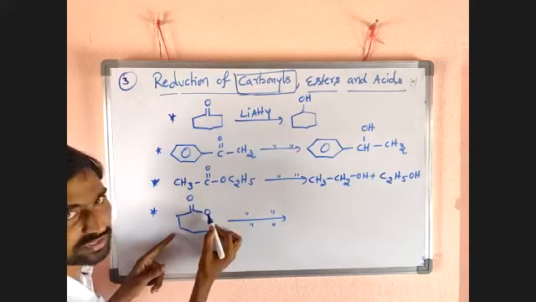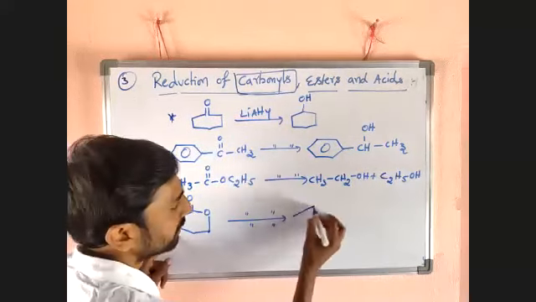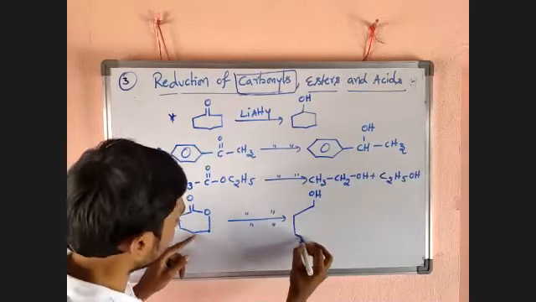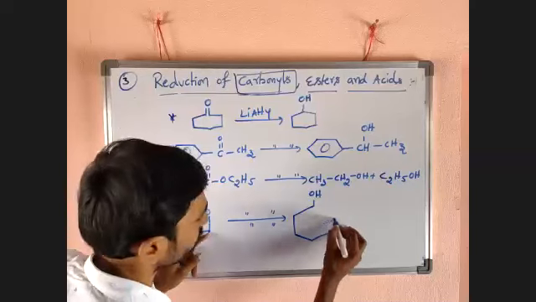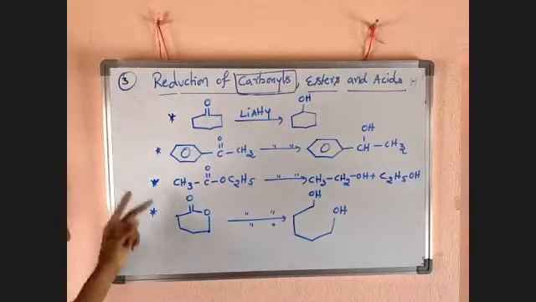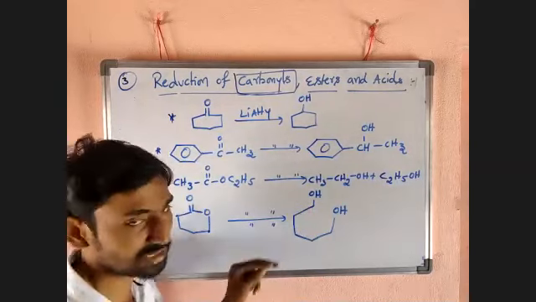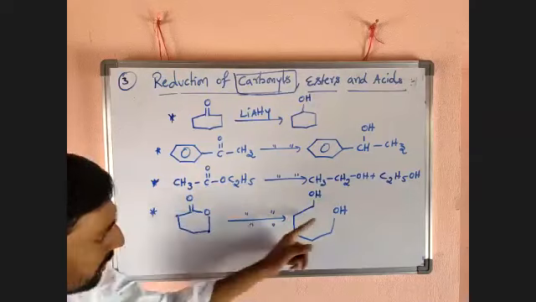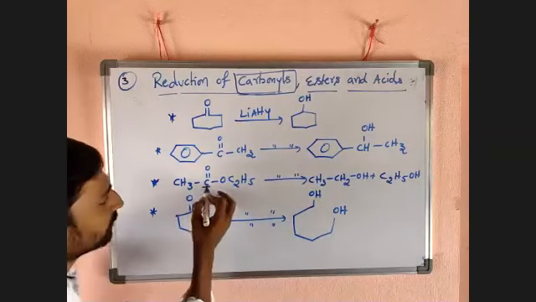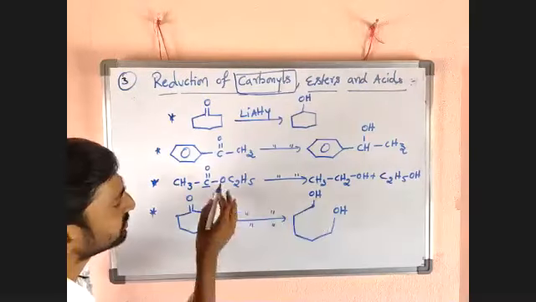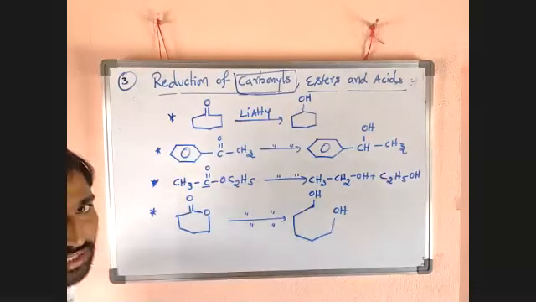As esters can generate 2 types of alcohols, this double bond O converts into CH2OH and the other O converts into OH.